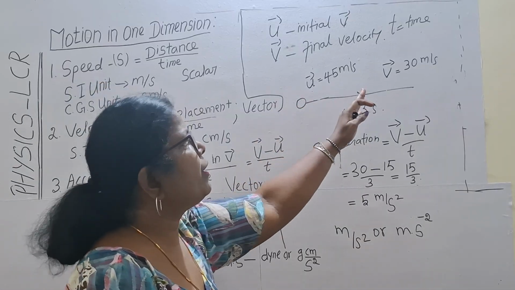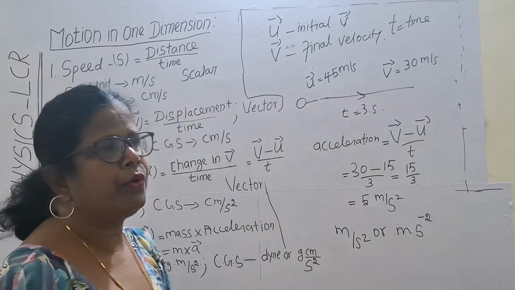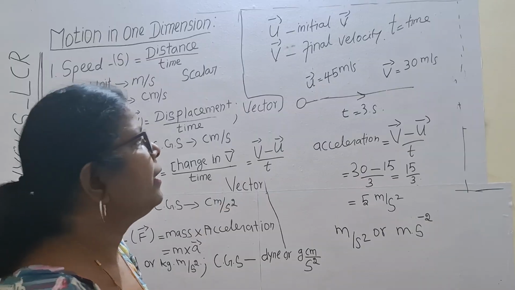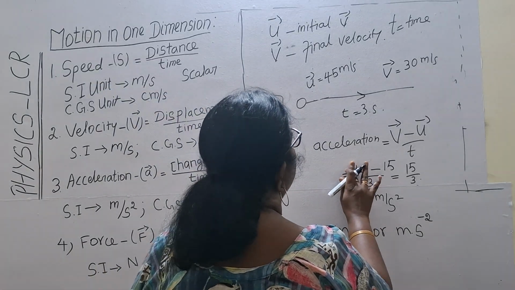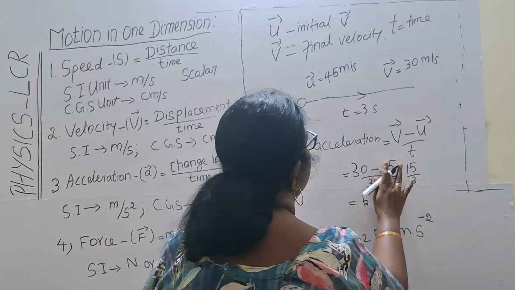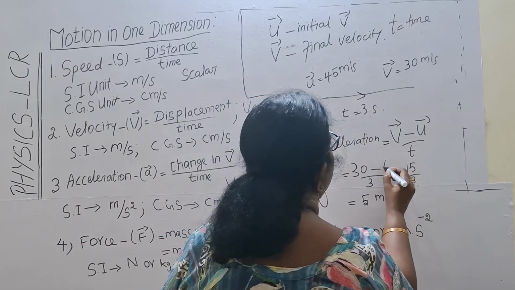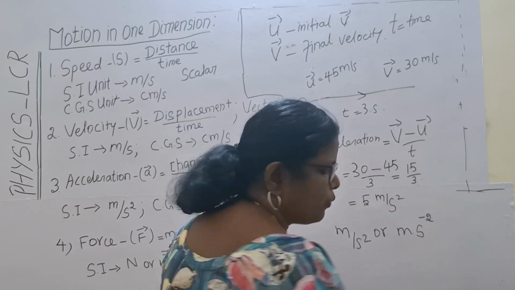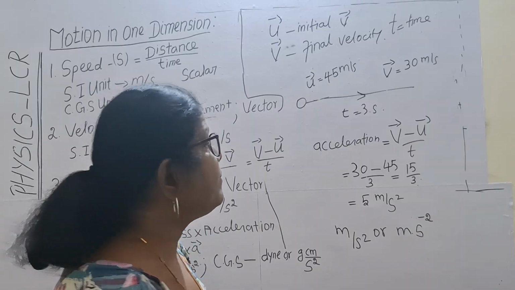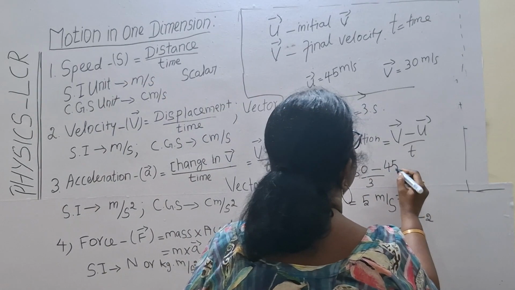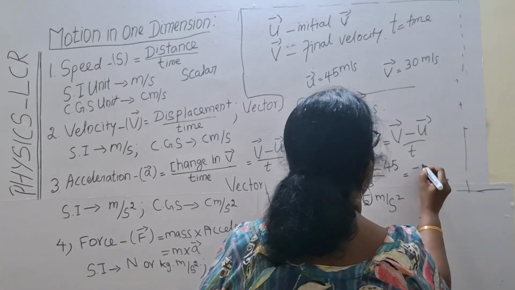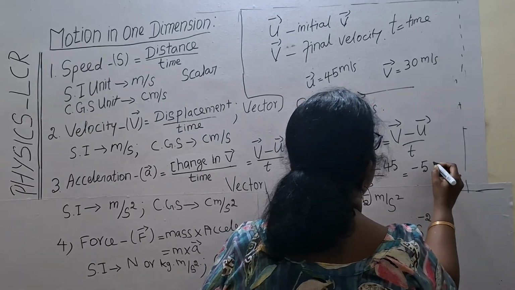So now you are applying a brake. What will happen now? This will become 30, so V will become 30 and U is 45. Now how do you get it? 30 minus 45. So your value will become minus 5.